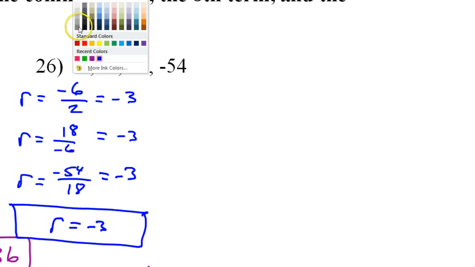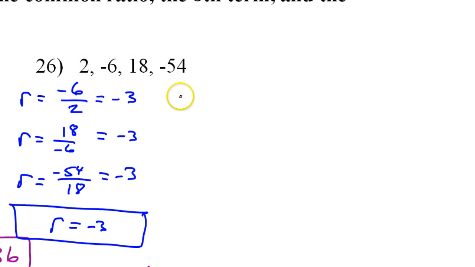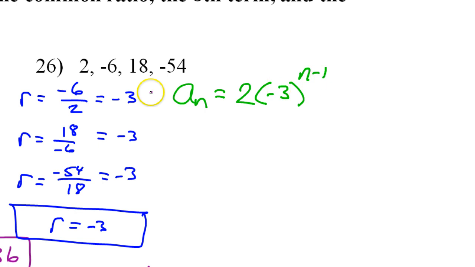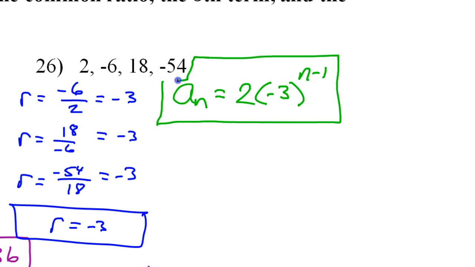Now let's write our explicit rule. The rule is going to be a_n is equal to the first term, which is 2, times the common ratio, which is -3, to the n minus 1 power. So there is the explicit rule. Now we can use this to find the 8th term.